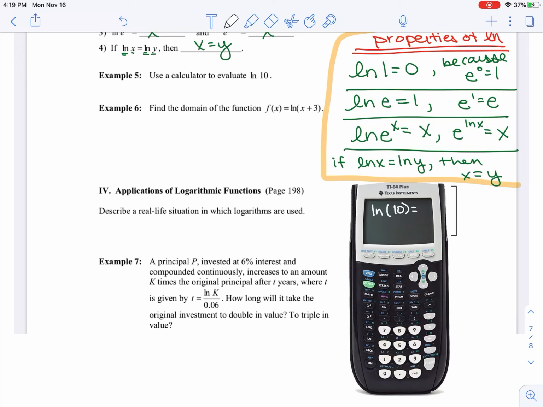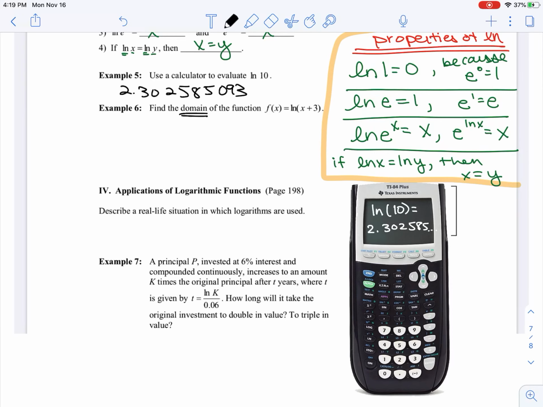If you do that, you're going to get some big long value, and we get 2.302585 forever. So here we go, plug that into the calculator. Hopefully you got that in yours.